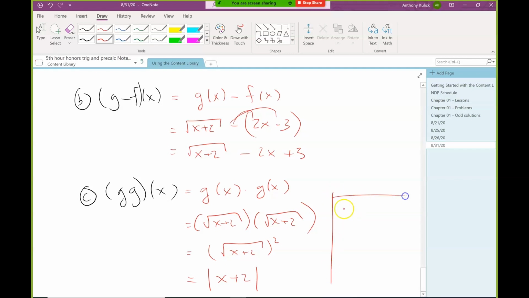You might have also recalled from way back when that one definition you had for the absolute value of x was the square root of x squared. You might have remembered that from an Algebra 1 class or earlier, that's one way to define an absolute value.